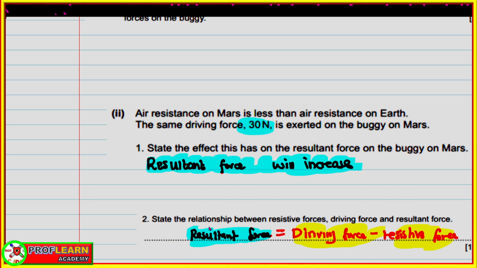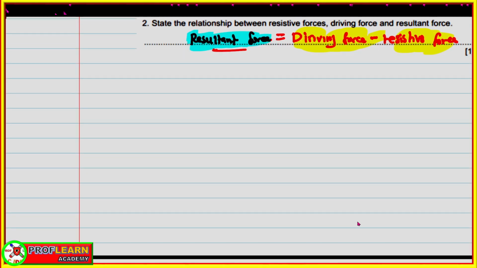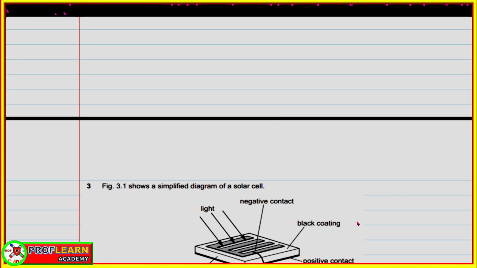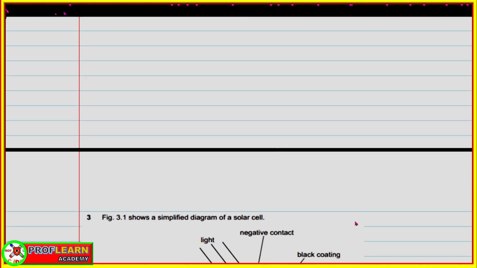And the relationship between the resistive force, driving force, and the resultant force is that the resultant force is obtained by the formula driving force minus the resistive force. So basically that's what you are supposed to answer in this particular question.